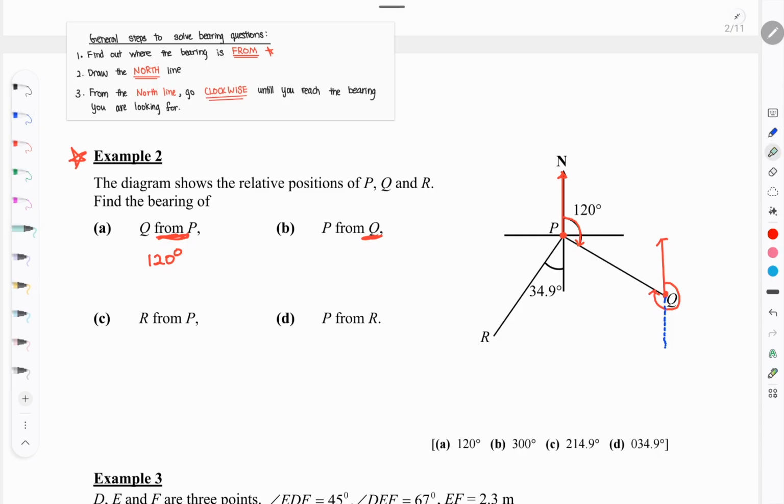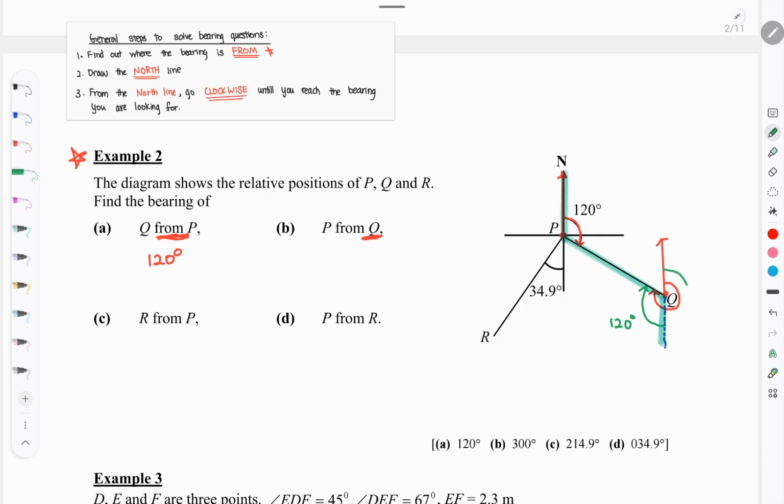And from here, I can actually use my alternate angle, the one in green color. Over here, let me draw in green color instead. So from here to here, it will be 120 degree.